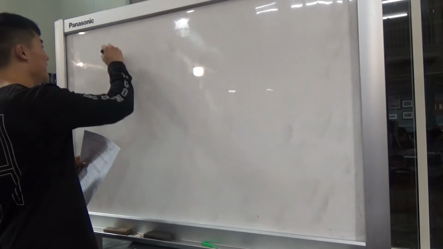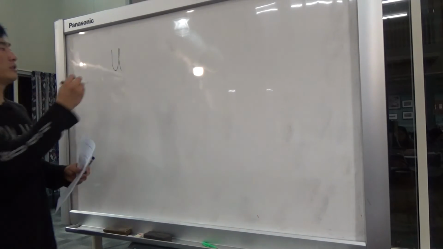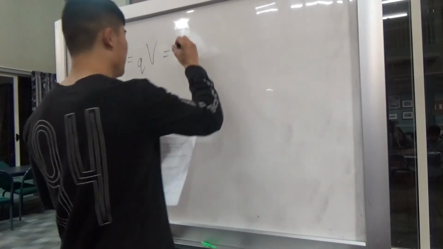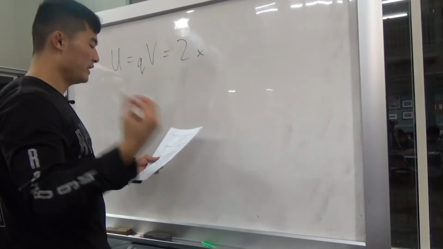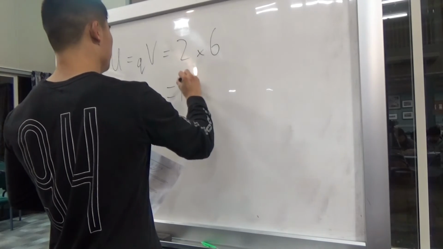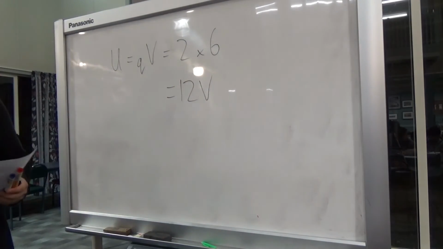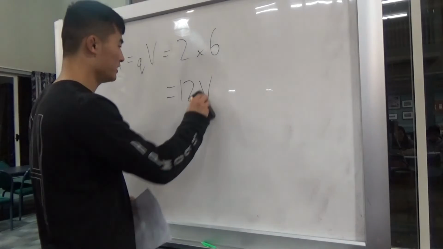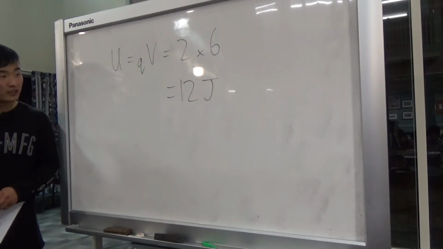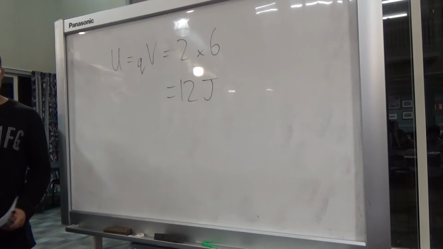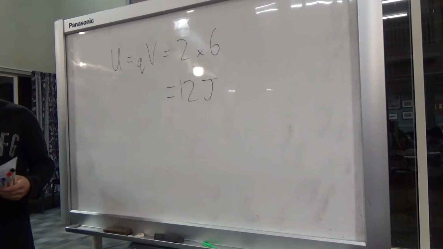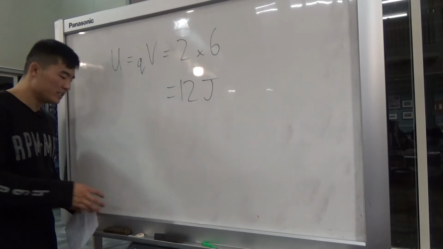Work is a form of energy, and electrical energy U is equal to Q times V. So our charge is 2, and our potential difference is 6. So that's 12 joules, not volts. That's energy. 12 joules of work has to be done, which is equal to the amount of electrical energy that has been gained by this charge.